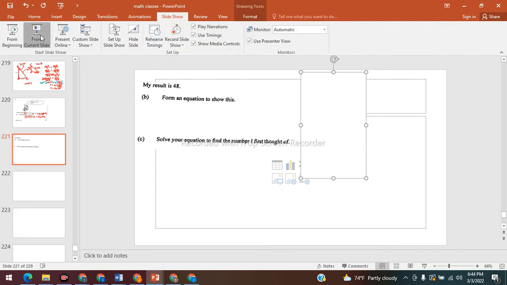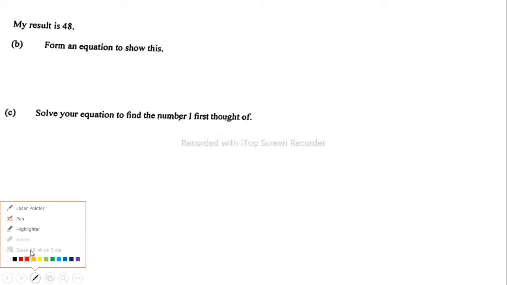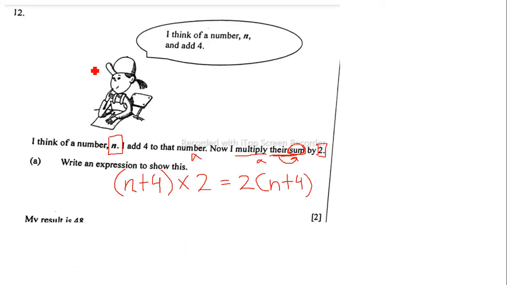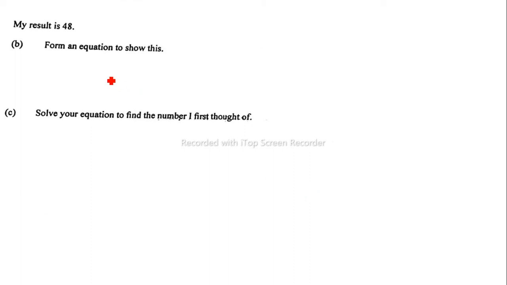So let's do that. If we were to form an equation, remember what we had in the beginning initially, 2 open bracket n plus 4. So it's going to be 2 open bracket n plus 4, and that's going to be equal to what? 48. It's equal to 48. Now we want to solve this particular equation.